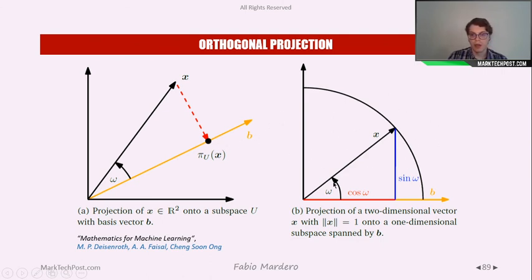And here, for a vector x which is a unit vector, the projected vector is the cosine, because the length of x is equal to 1, and the vector to the projection, the vector that stays in the orthogonal complement of our subspace, is the sine of the angle.